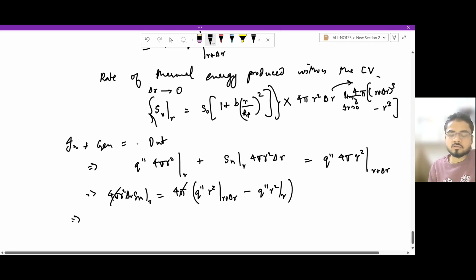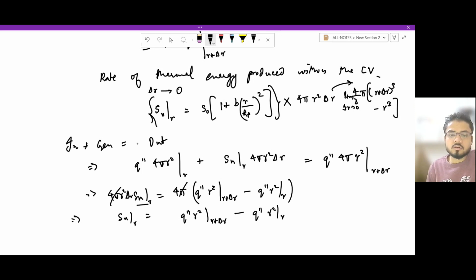Since 4 pi is obviously not 0, you could easily eliminate it from both sides of the equation. And you already know S n r. So let's keep S n r on the left hand side. So you could just write S n r would be equal to q double prime r squared at r plus del r minus q double prime r squared at r, divided by delta r.